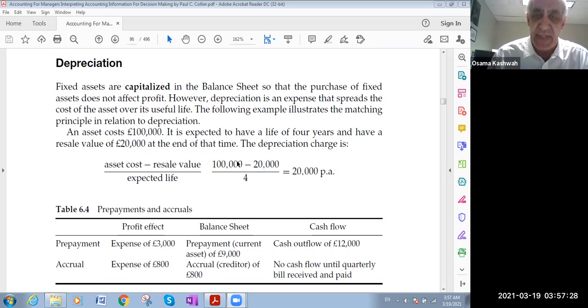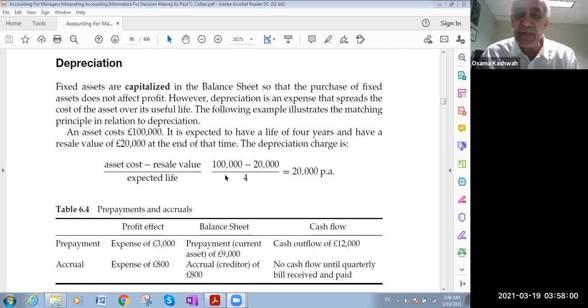So the asset here was the car, 100,000, or a machine or whatever, minus the resale value 20,000 after 4 years. 100,000 minus 20,000 divided by 4 years gives me 20,000. This will be per annum, or for a year. So that means the decrease in the asset's value is 20,000 for a year.